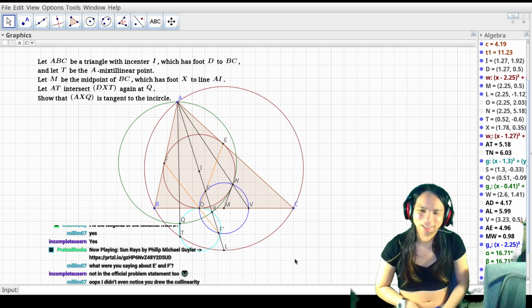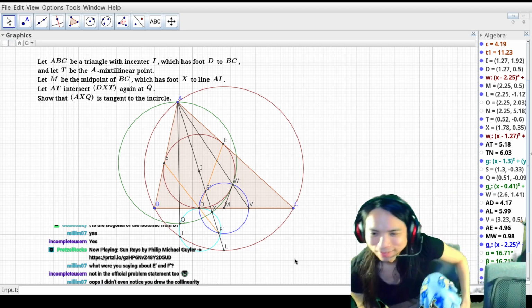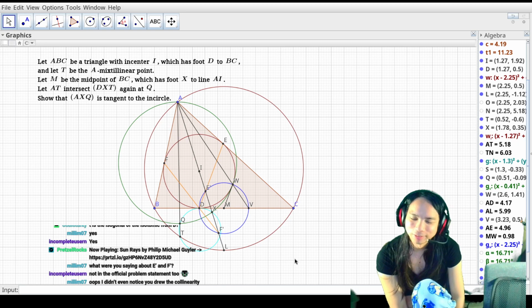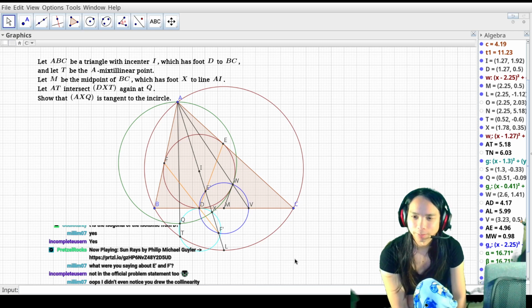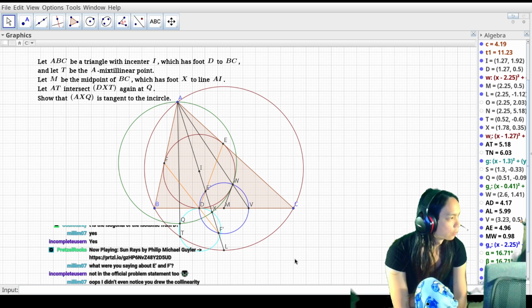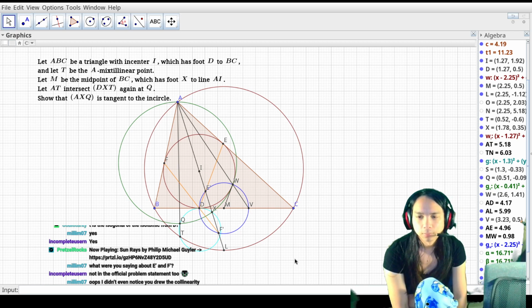Yeah, I actually don't like this. Like, X and Q are inverses, and I feel like I should be able to do stuff with that. But I don't actually know how. Interestingly, where does A invert to? I'm trying to imagine what happens if I invert this whole picture around the blue circle. But I can't really tell, to be honest.